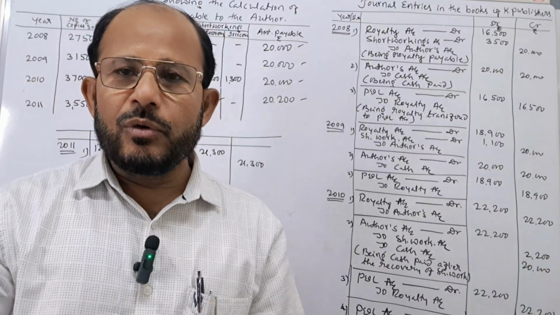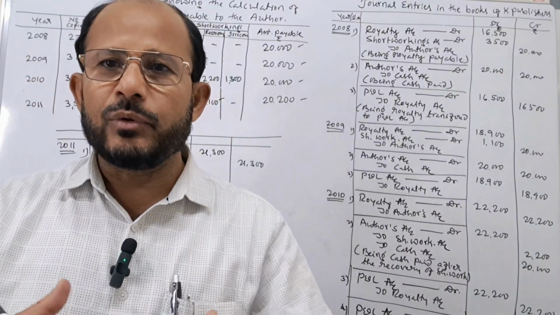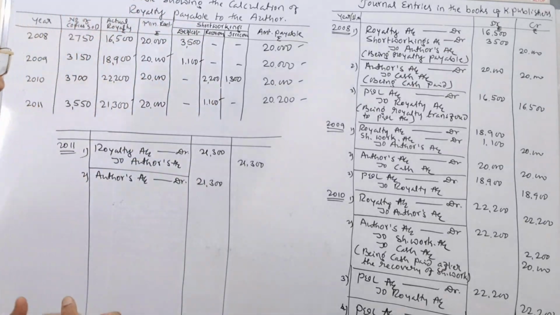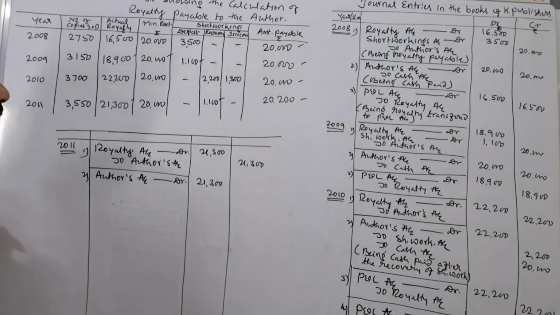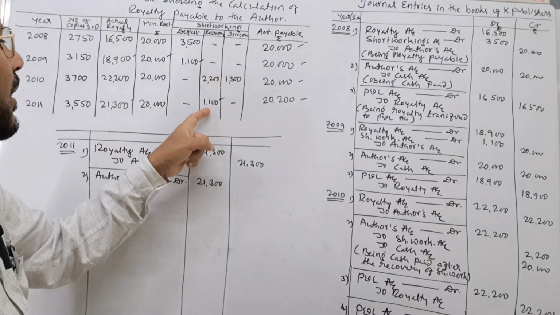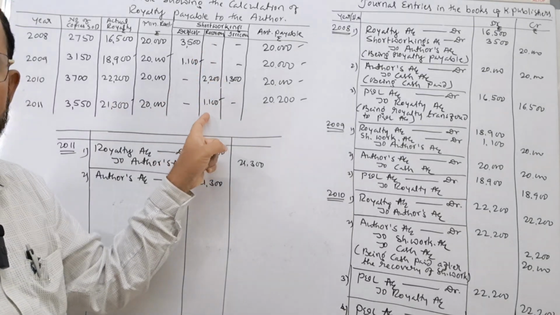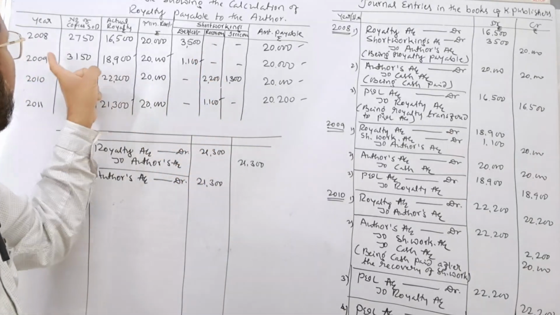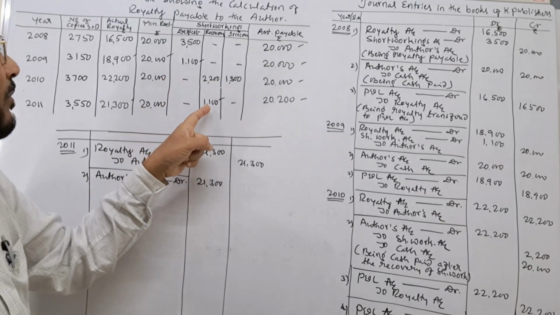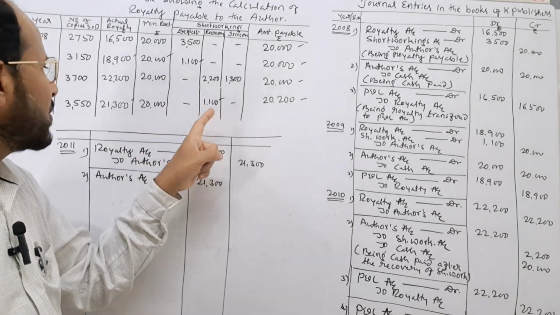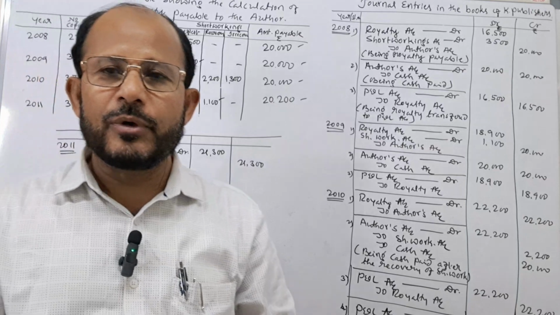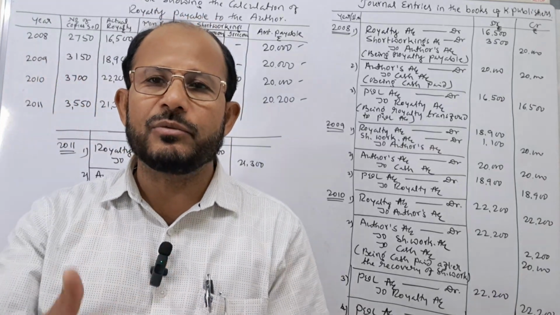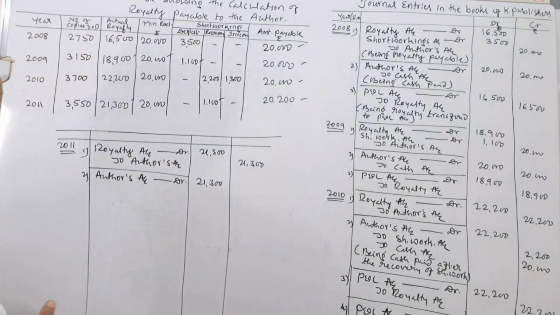Are we going to give rupees 21,300 to the author in the form of royalty? No. Why? Because in the year 2011, the recovery column is showing rupees 1,100. Means here short workings of the year 2009 were recovered in the year 2011. After the recovery of rupees 1,100, the remaining balance we are giving to the author.